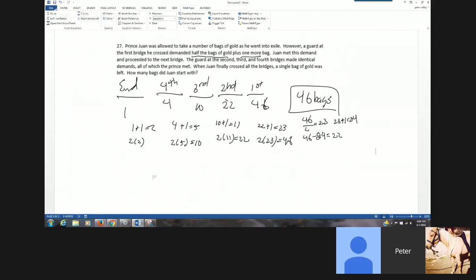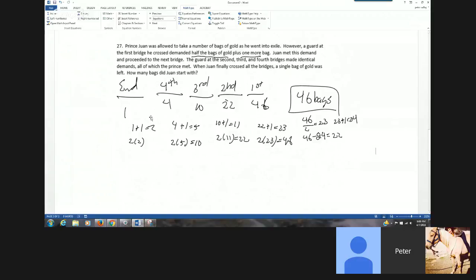If he tries to give half, he's going to have an odd number. That doesn't quite work. So there's got to be an even number in order for him to give half. If he has 4, half of that's 2 plus 1. So now he's handed over 3, but he's got 1 left, and that matches. So that means he must have had 4 at the 4th bridge.